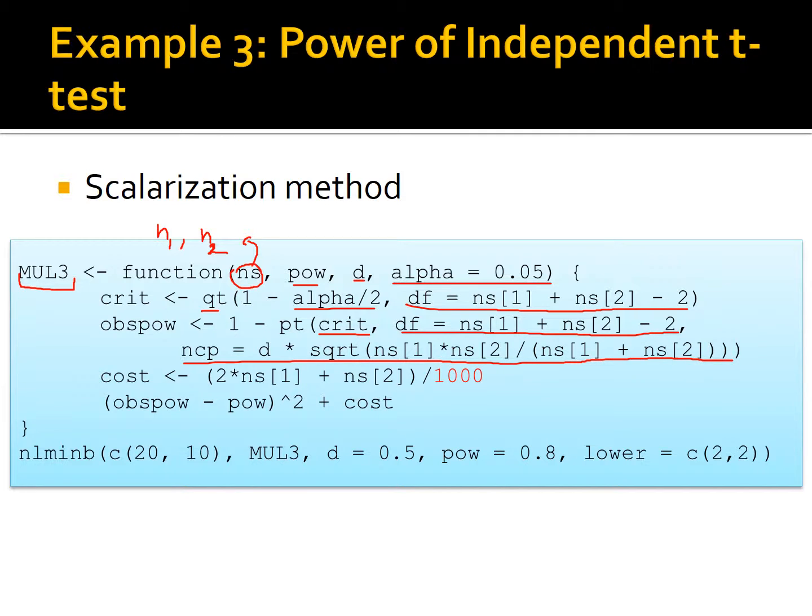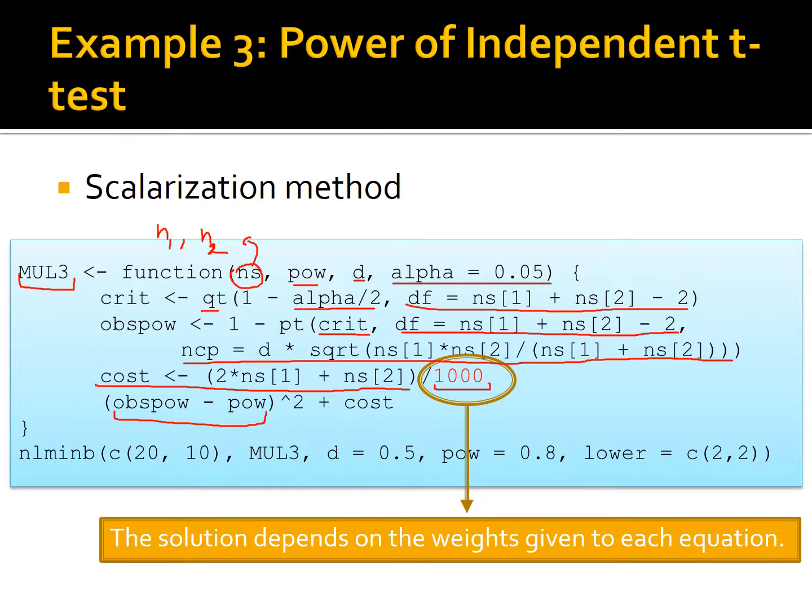And then we need to minimize two things. First is the discrepancy between the observed power and the desired power. And second, we would like to minimize the cost. The cost is 2 times the first sample size plus the second sample size, and we can provide a scaling constant.